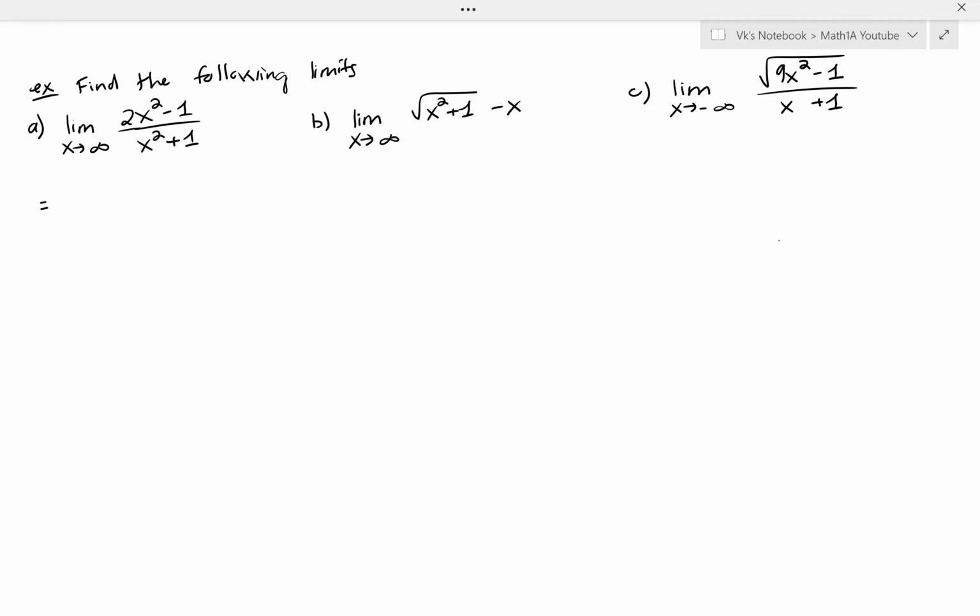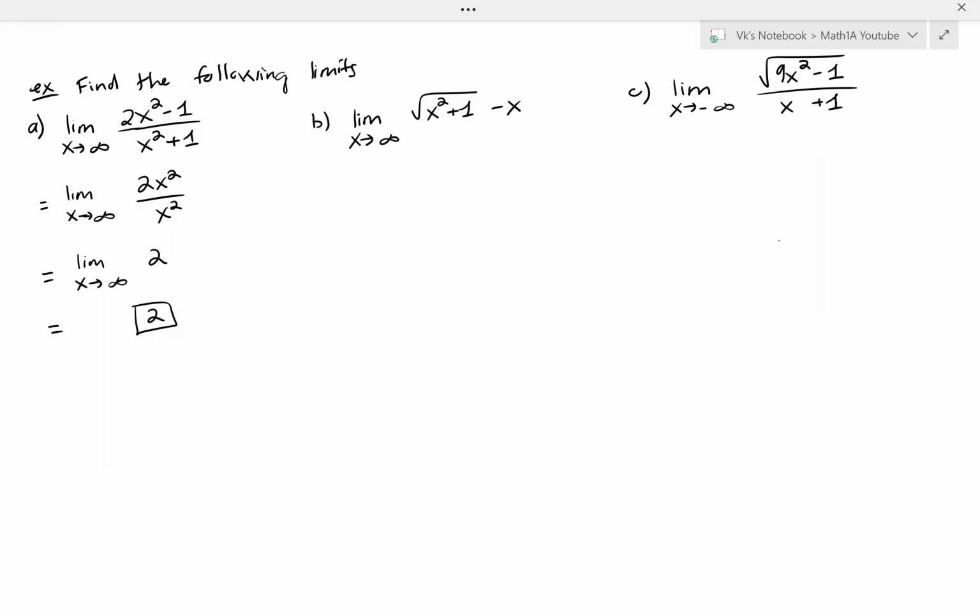So this is the same as the limit as x goes to infinity of 2x squared over x squared. We only use the leading terms. You can simplify this: limit as x goes to infinity of 2. And therefore, it's just 2. Wow, pretty cool.